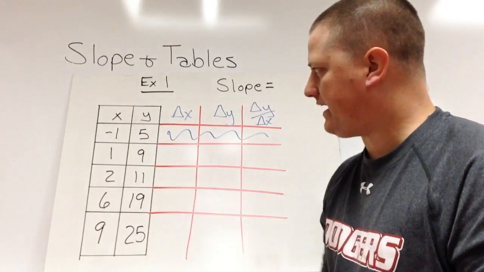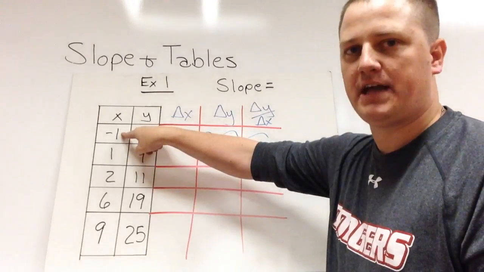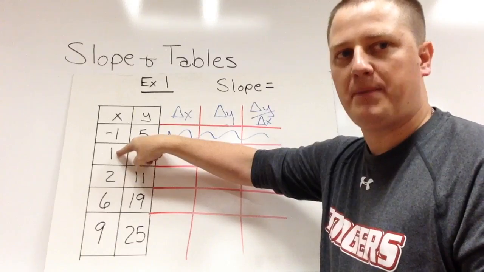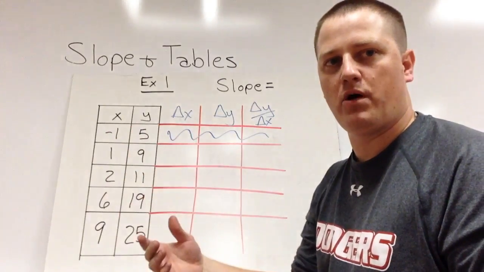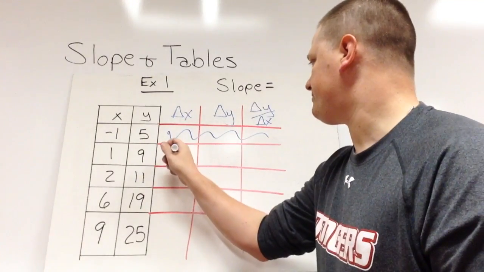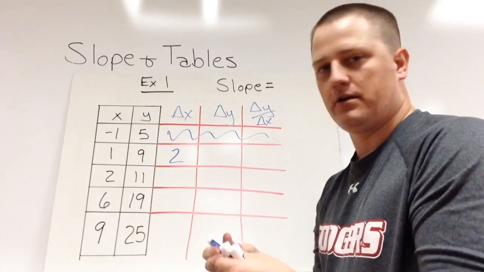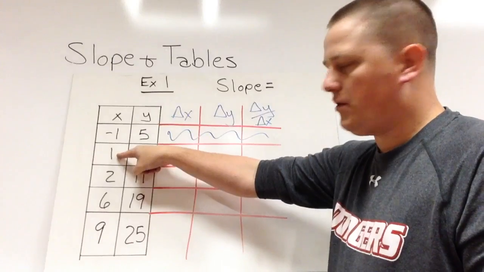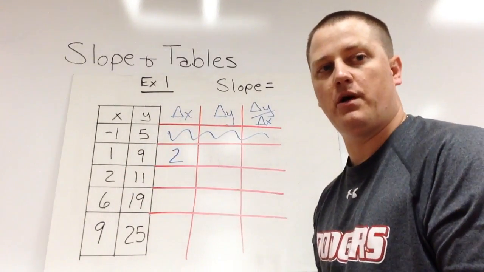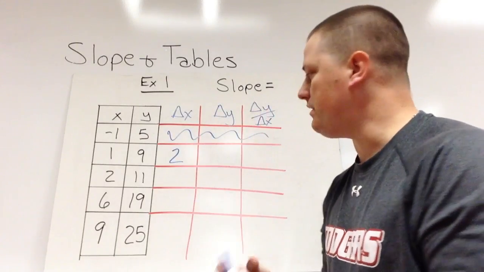What we do for delta x is we start at -1, that's our first x, and we go to +1. So how far is it from -1 to +1? Well, from -1 we go to 0, then we go to 1, so it's 2. Now we're at 1, we're going to go to 2. So how far is it from 1 to 2? Well, we start at 1, and we go to 2, so it's 1.